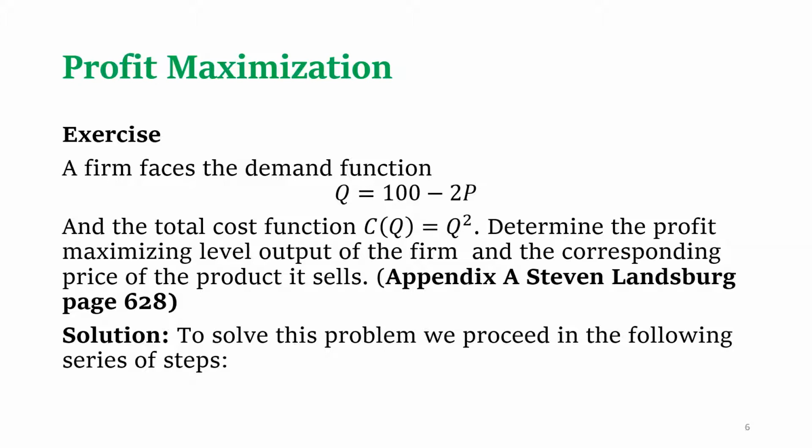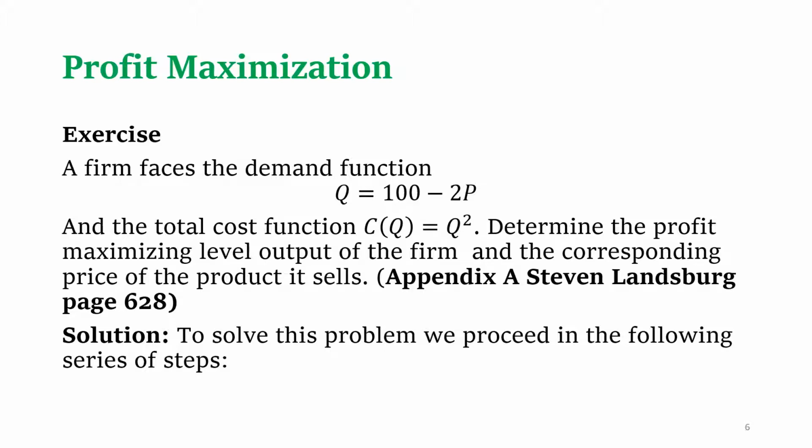So if you have the revenue and then the cost, just find the difference between the two, that gives you the profits. Okay? Once you have the profits, the next step is to find the profit maximizing level of output. How do we go about doing that? You need to find the derivative of that profit function with respect to Q, that is dπ/dQ, and then you equate that to 0.